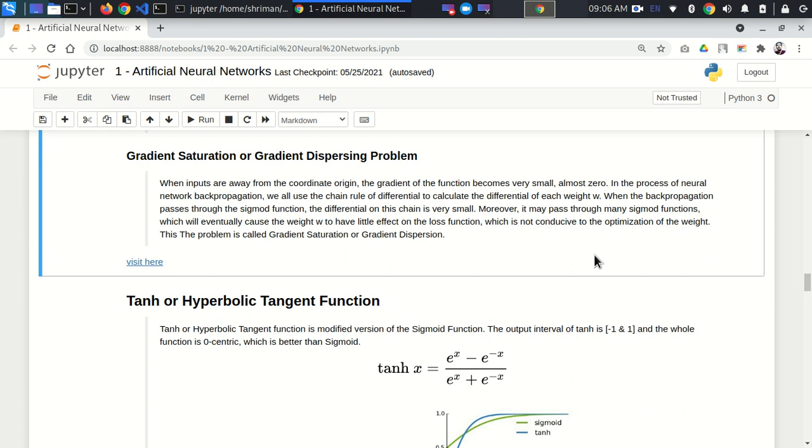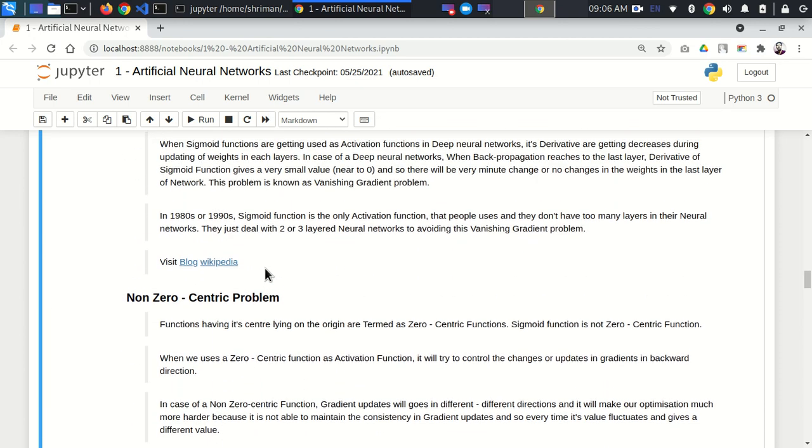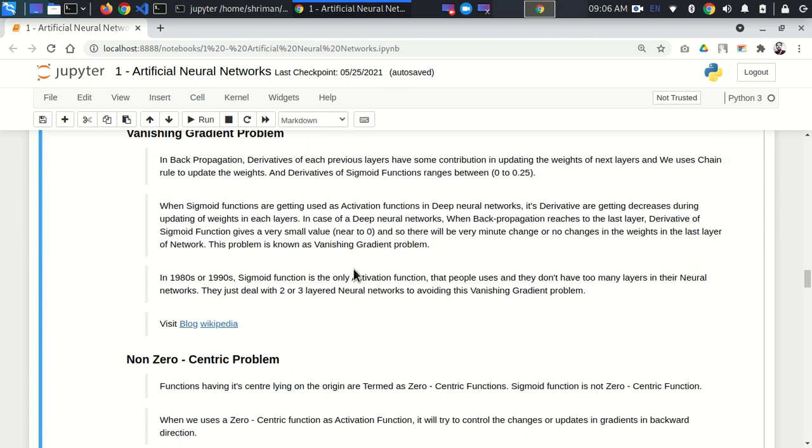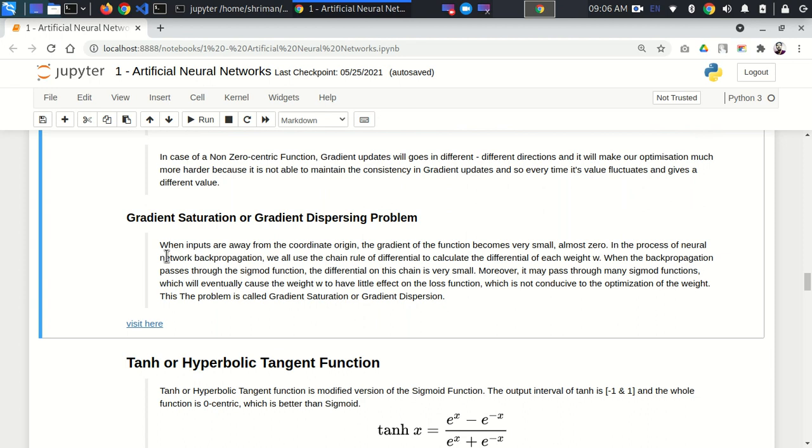Vanishing gradient was occurring due to your activation function, right? If your activation function is good enough, it does not come into the picture. But this gradient saturation problem is not occurring due to your activation function, but due to the values of the parameters that you initialize.